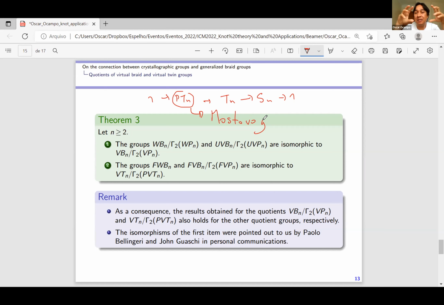There exists a presentation of this pure twin group, and we tried to understand it. The first step was trying to abelianize it, but it was not completely friendly. It's recursive, if I remember it well, and not completely easy to work with. So it's complicated.